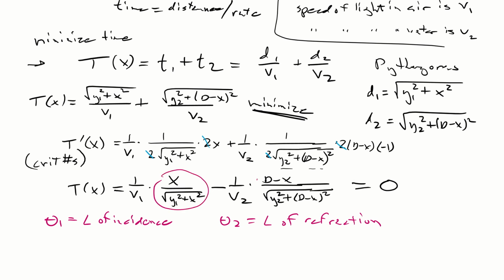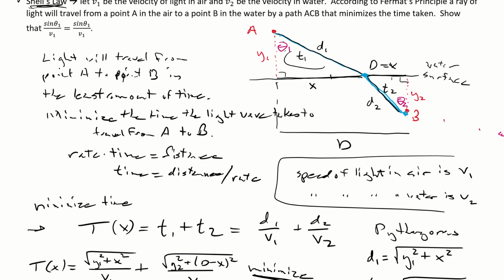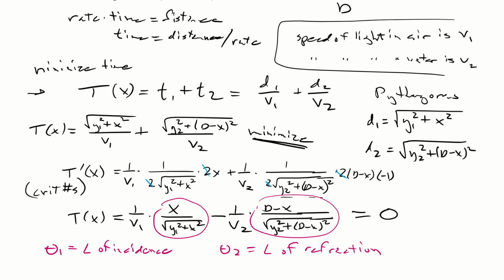X over the radical, (d minus x) over its own radical. Look at the diagram up here. If theta is up here, x over this radical is actually opposite over hypotenuse. Same story here. Opposite over hypotenuse. That should be a minus. That looked like an equals. Over this hypotenuse. That's the ending of this problem.